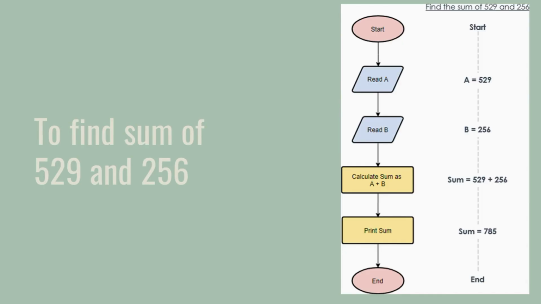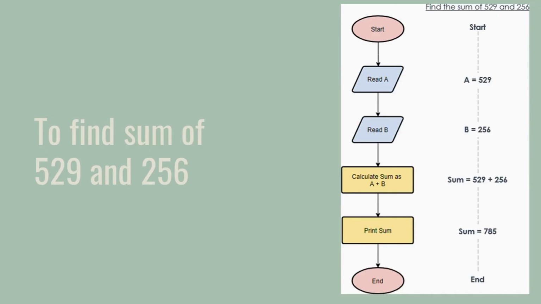Now there will be a query all of you have: earlier I said that for the output you require the parallelogram, but here we are using the rectangle. The simple reason is we are not providing the output, we are directly printing it. When you want to return that output, you have to write return sum in the parallelogram. But here we are directly printing the number, so that's why we do this.